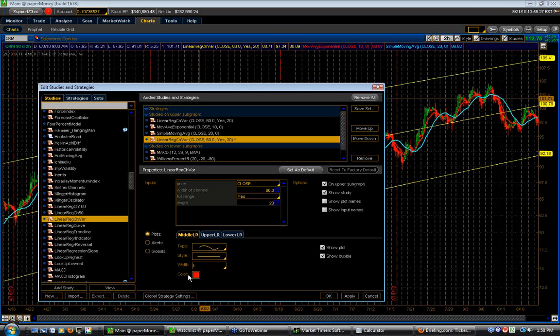So I'll change the color, folks, down here for the middle, upper, and lower to yellow. Make sure you keep that bubble to show the bubble, because then that shows you what that lower band price movement is, middle band price movement is, and upper price movement is.